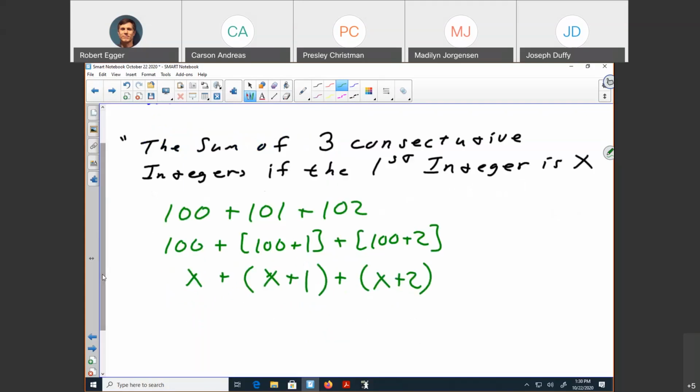So one strategy is do something you know, something you can actually visualize, and then create your model out of that. And of course, what do I have? I have three x's plus 1 plus 2, plus 3.